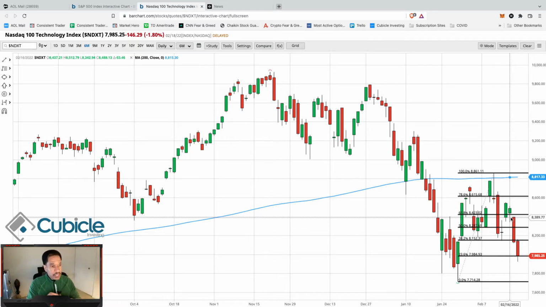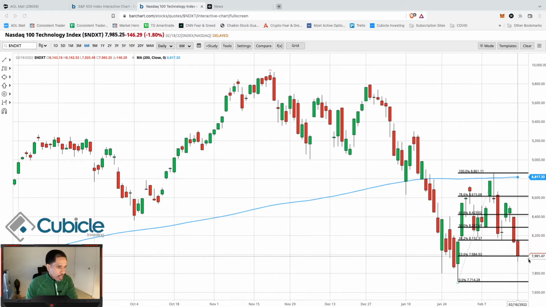You're always going to have pullbacks, and those pullbacks are actually beneficial for us because they allow us to get into positions on great companies, for example AMD, where we can buy at a discount and then just be patient and allow the fundamentals or the irrationality of the market to stabilize and continue on with the bullish trend that we have seen really since March 2020.